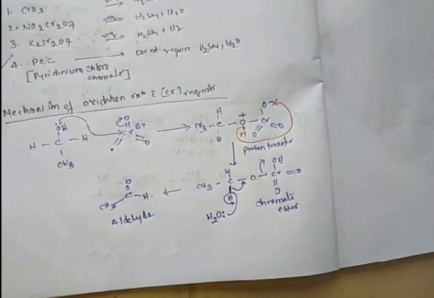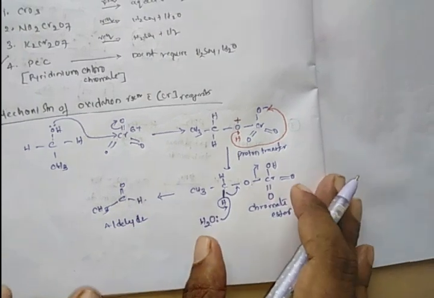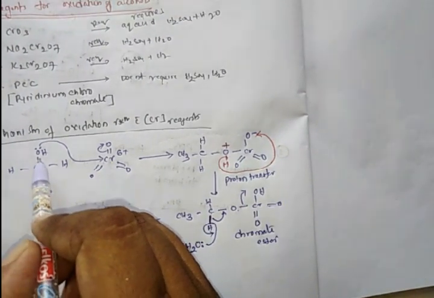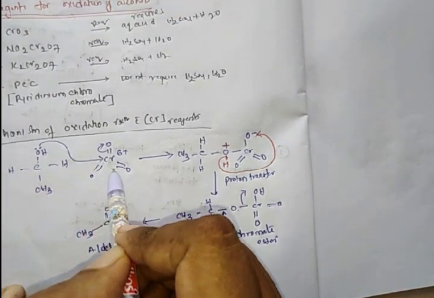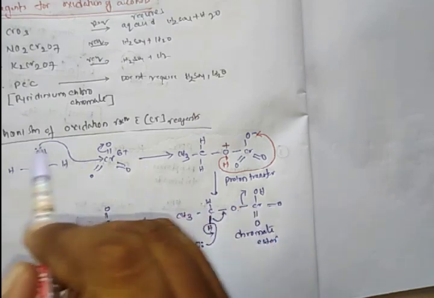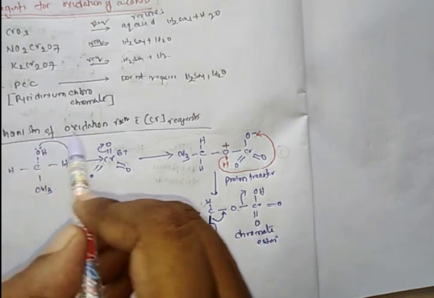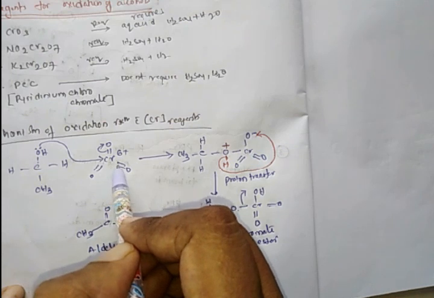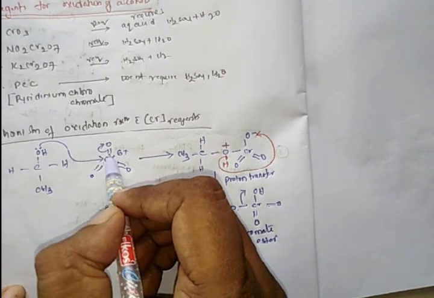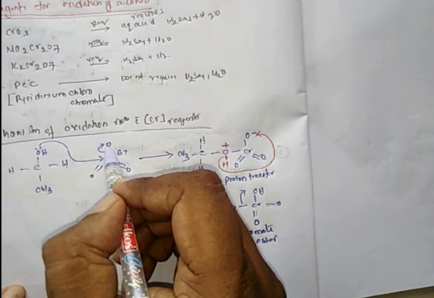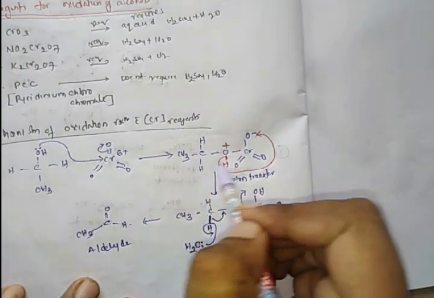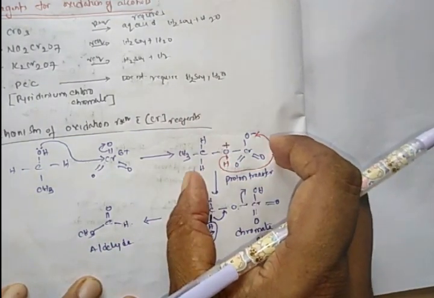So once again I explain the mechanism. Whenever an alcohol interacts with the chromium oxidizing reagent, the electronegative oxygen atom attacks this electropositive chromium atom, and this oxygen shifts its electrons to here and forms this intermediate.